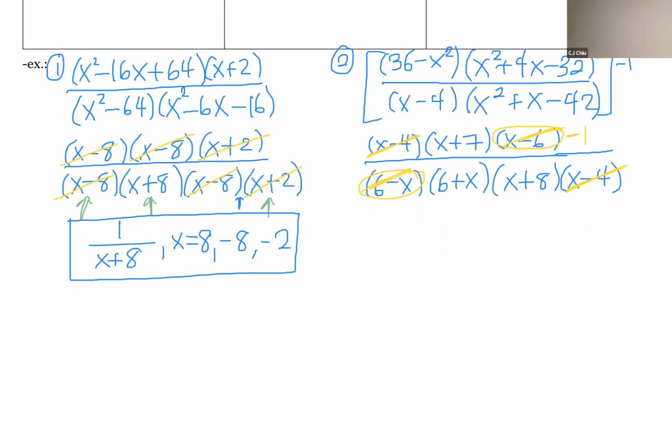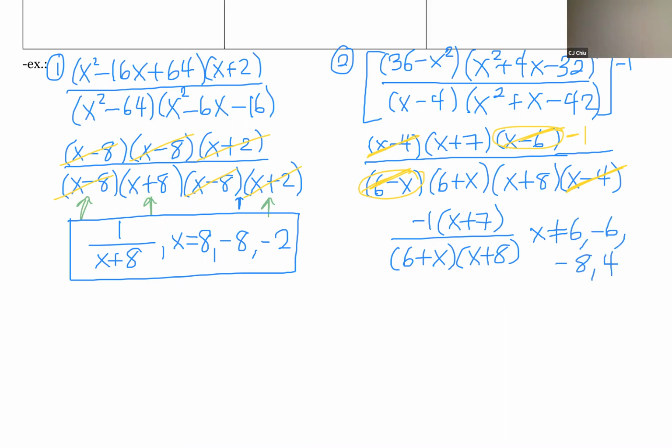So then what are we left with in total? We have negative 1 times x plus 7 over 6 plus x, x plus 8. Excluded values: x cannot be 6, negative 6, negative 8, and 4.